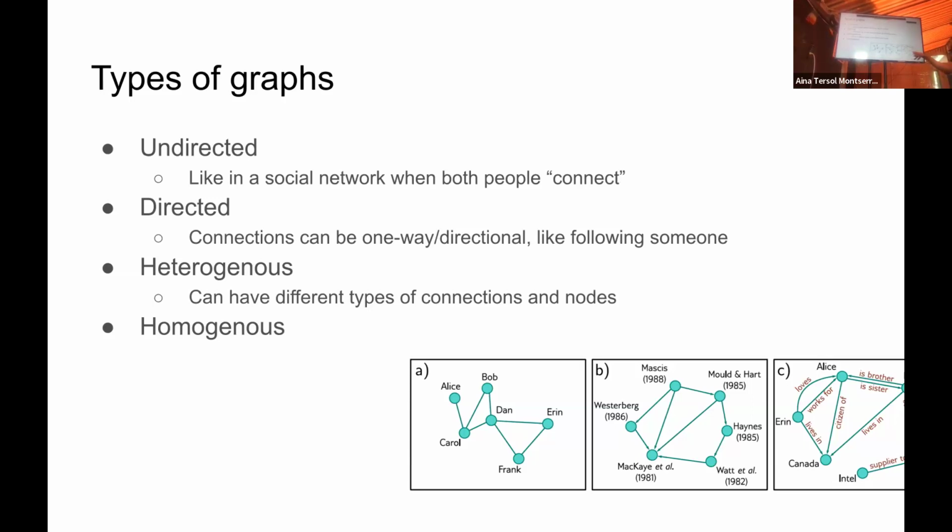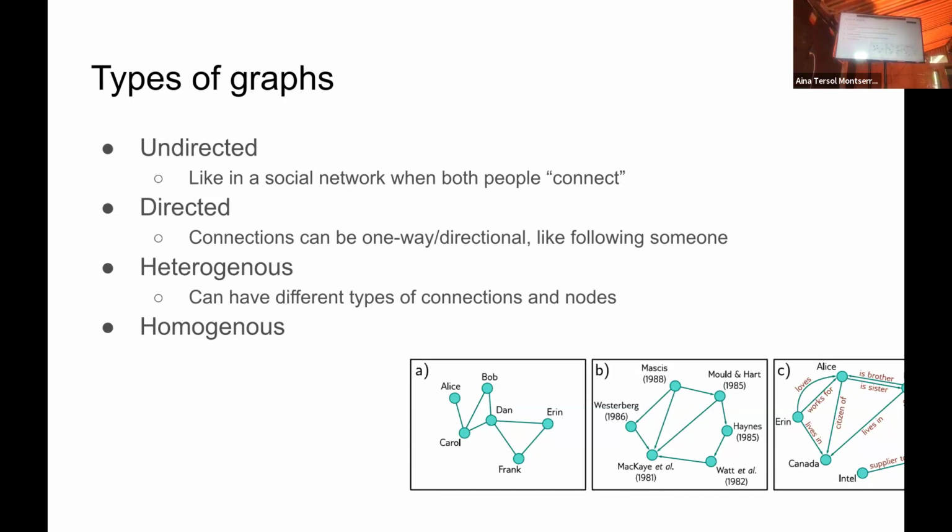So here are the various different sets. This one is the social network one, where it's undirected, and Alice and Carol are both connected to each other. Or you can have something like a citation graph, where there might actually be some directionality to it. This paper cites that paper, but it doesn't go in the opposite direction. And then you can have something like this, which is heterogeneous, where different kinds of relationships are represented.